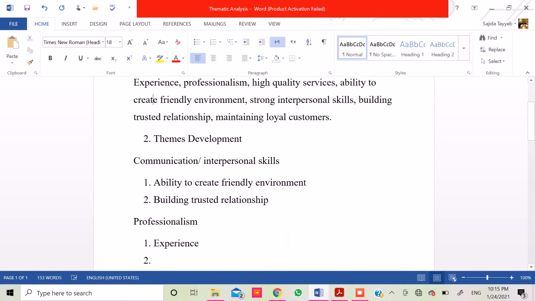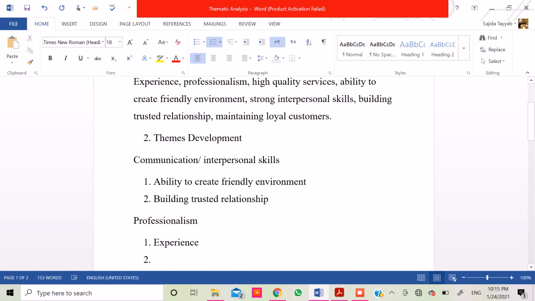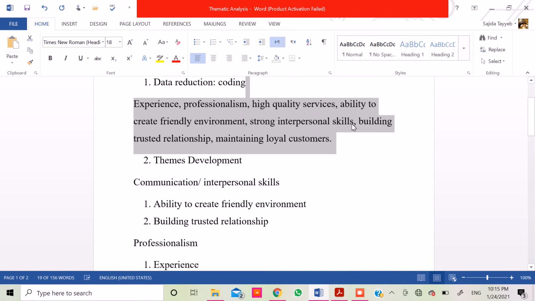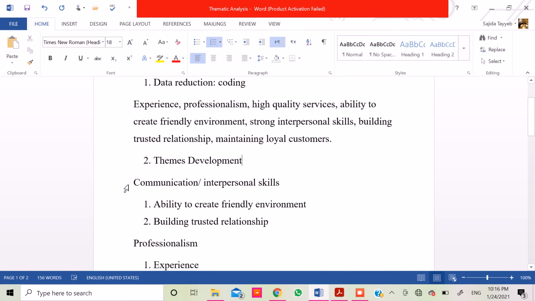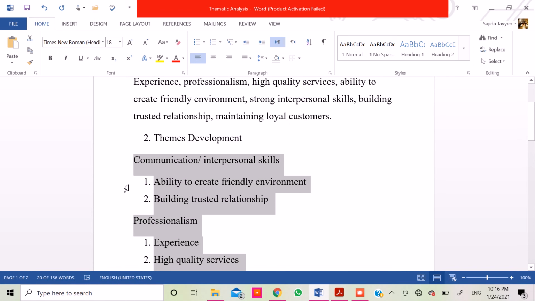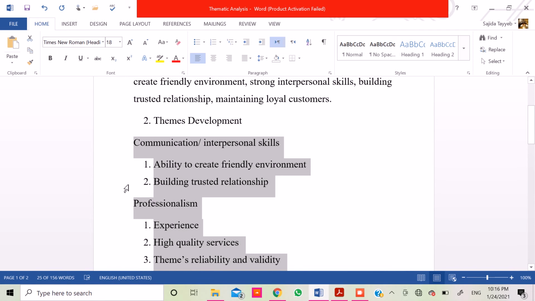High quality services, let's call it high quality services. Okay, that's it. So as you can see, from this number of codes, I developed two themes. Suppose this was based on the data that I have actually displayed on this Word file.